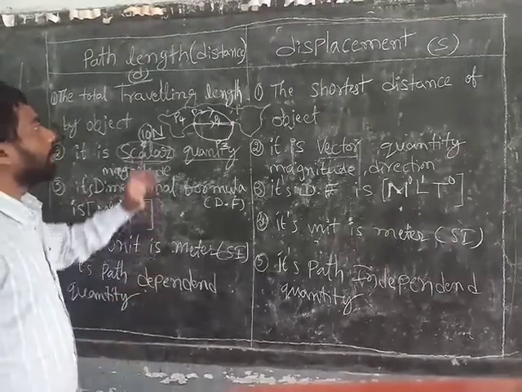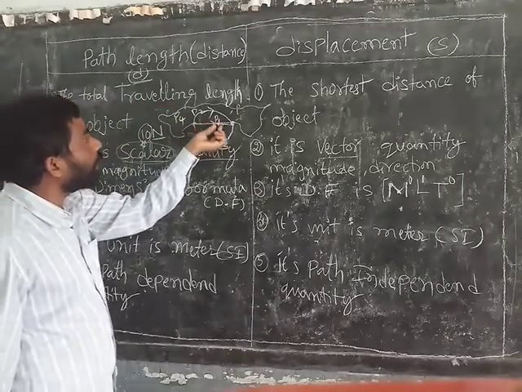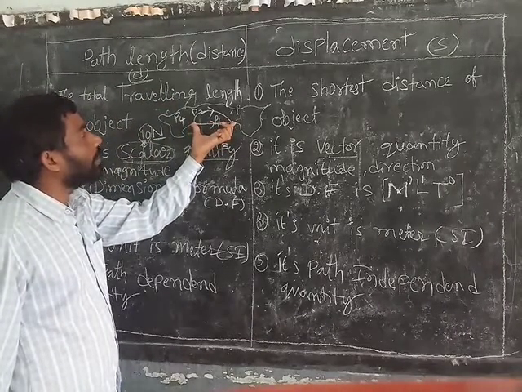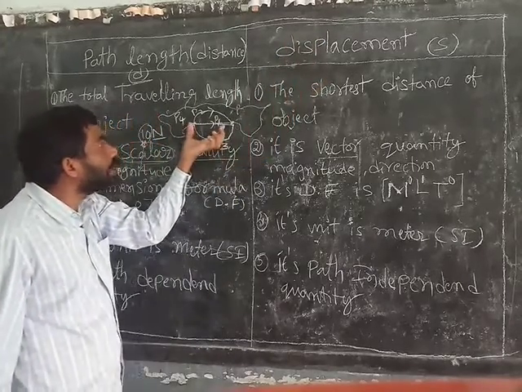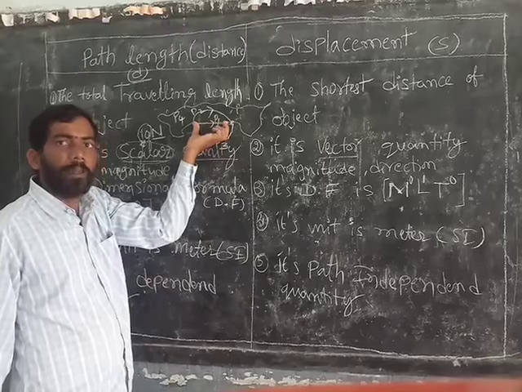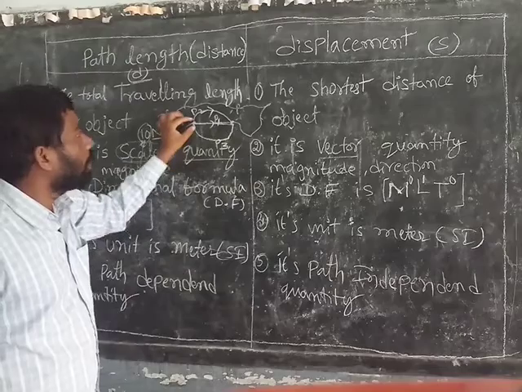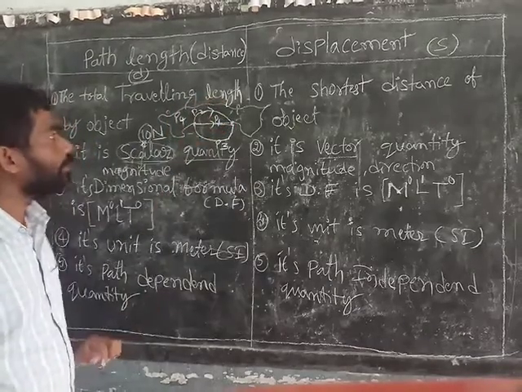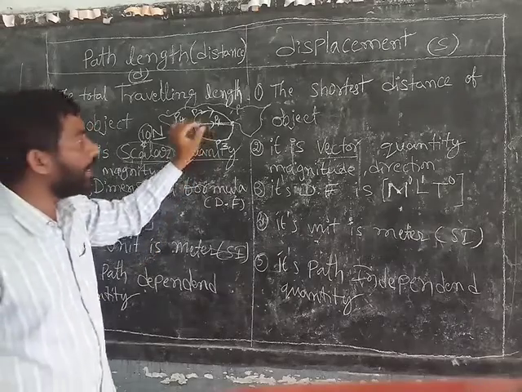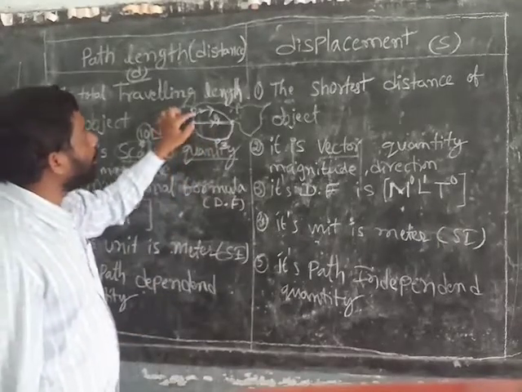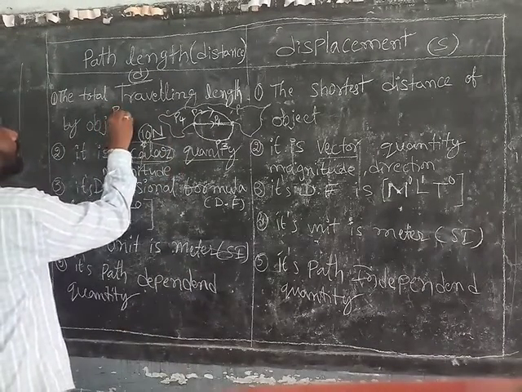See, it clearly shows that path 1 is taken as the displacement because it is the shortest distance between these two points, the initial point and the final point. Now see, paths P2, P3, and P4 are taken as the distance.